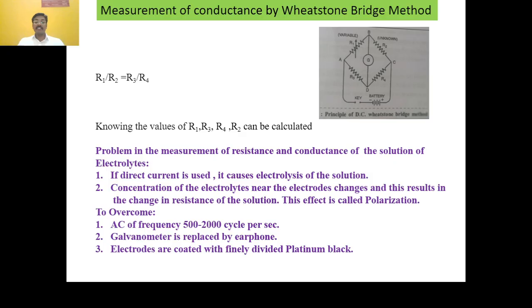R3 is the variable resistance and R2 is the unknown resistance. When the null point is obtained, that is, there is no deflection in the galvanometer, then R1 divided by R2 is equal to R3 divided by R4. Knowing the values of R1, R3, R4, we can calculate R2.